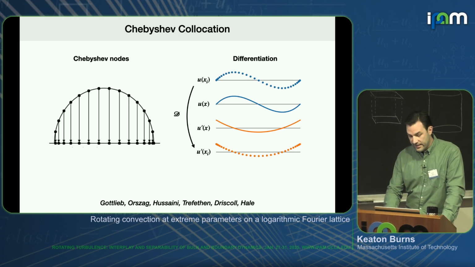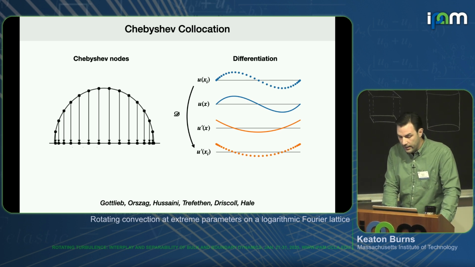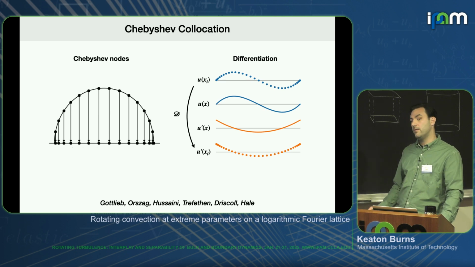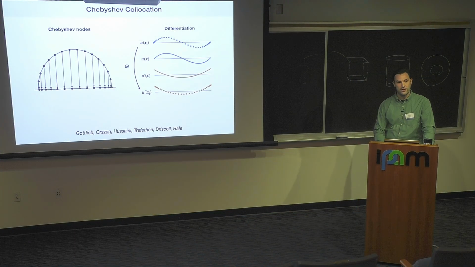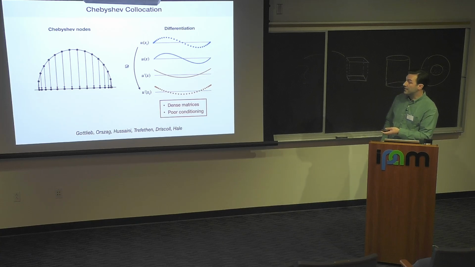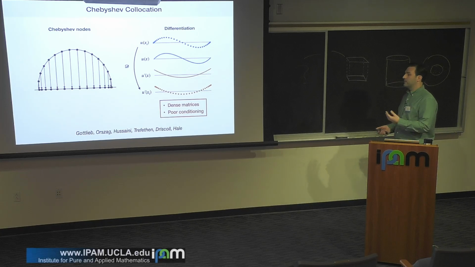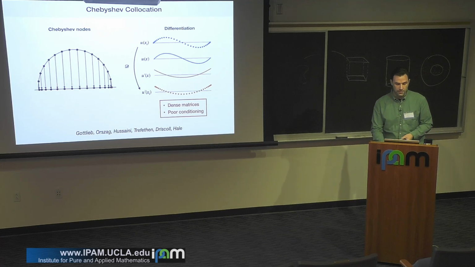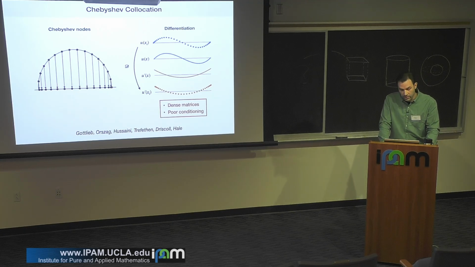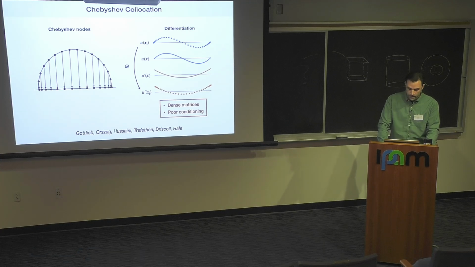So this is the classical technique that's really nice and works really well, but it's limited when you start to scale to these extreme resolutions. This D matrix that you get is dense, and as a result of that, the conditioning of discretizations using this approach becomes prohibitive at very large resolutions, like degrees into the thousands or more.